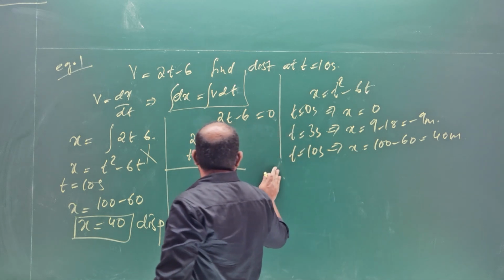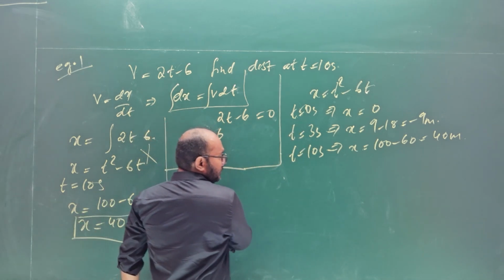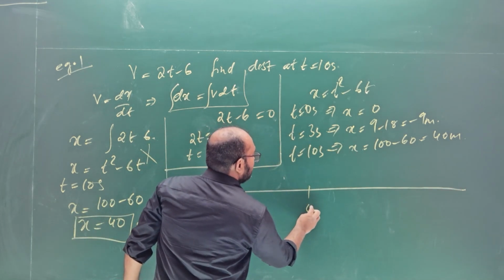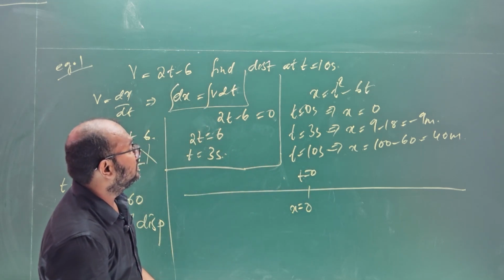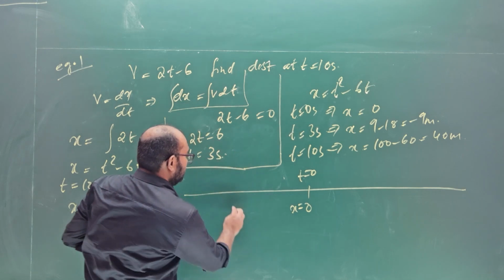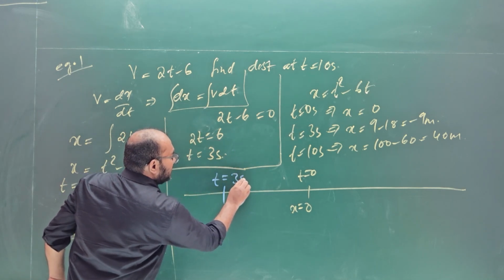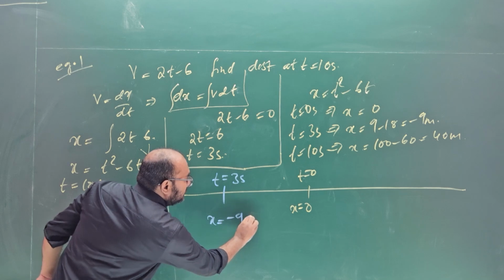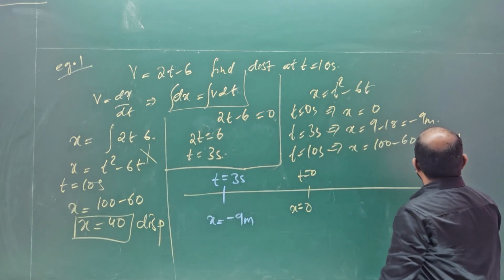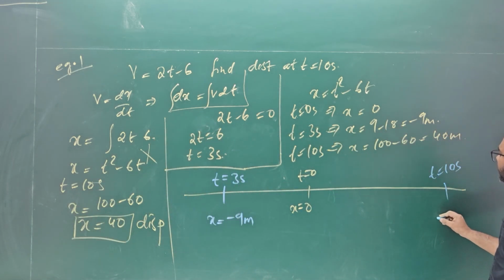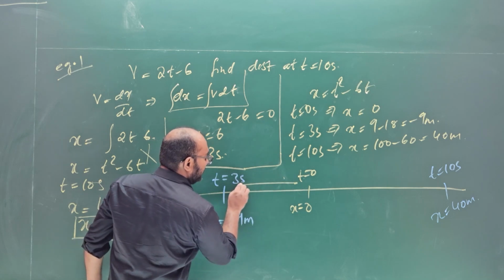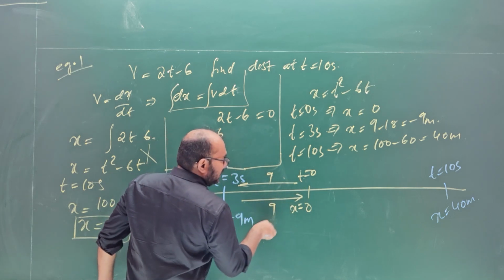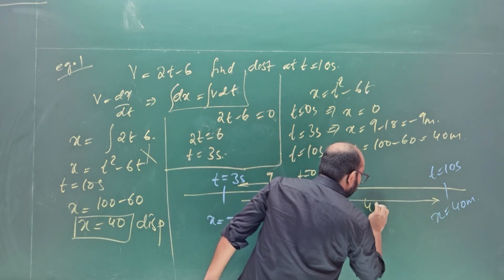Now let us put this on a number line. At t is equal to 0, x is also 0. At t is equal to 3 seconds, x is equal to minus 9 meter, and at t is equal to 10 seconds, x is 40 meters. Now, what is the distance here? From here to here 9, then from here to here 9, then from here to here 40.